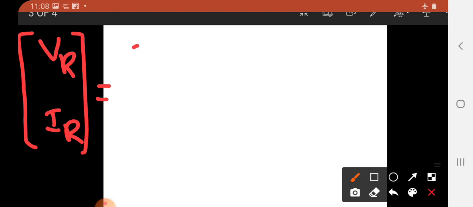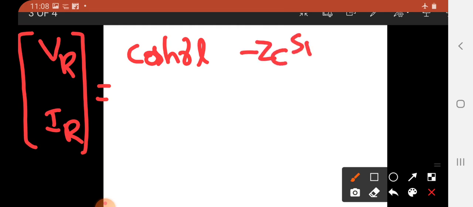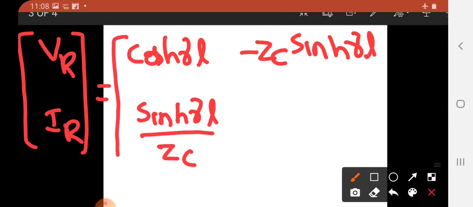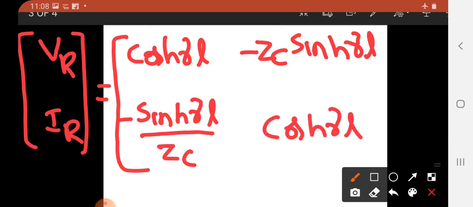D in the sense cosh gamma L, minus B is minus Zc sinh gamma L, minus C is minus sinh gamma L by Zc, and A is cosh gamma L, into Vs, Is.